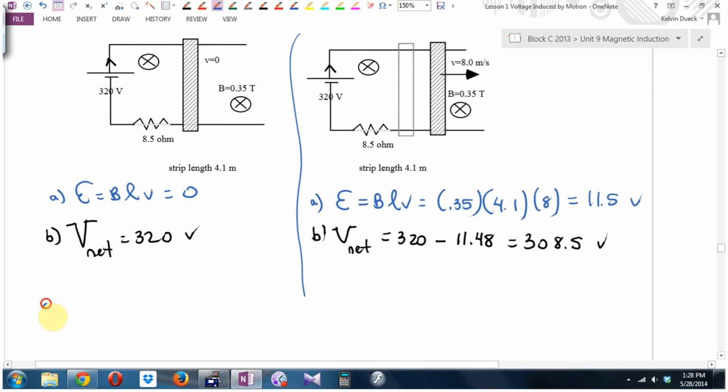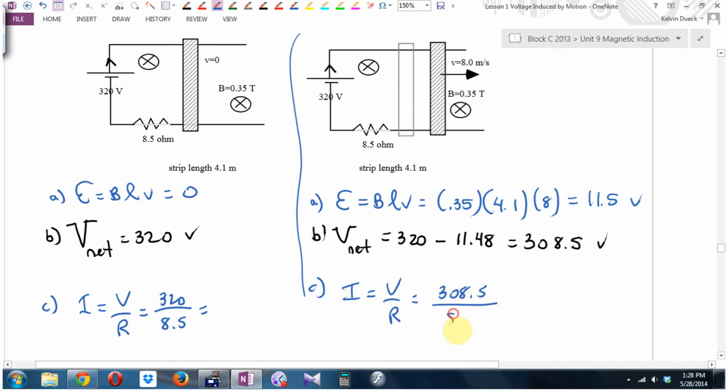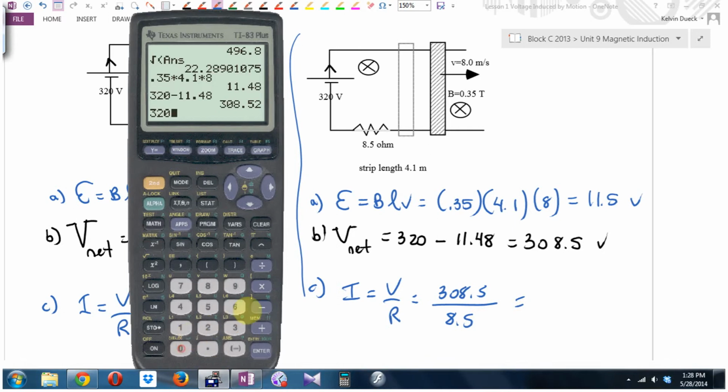C says, find the current. So current is voltage divided by resistance. Total voltage, 320, divided by 8.5. Here, total voltage, 308.5, divided by 8.5.